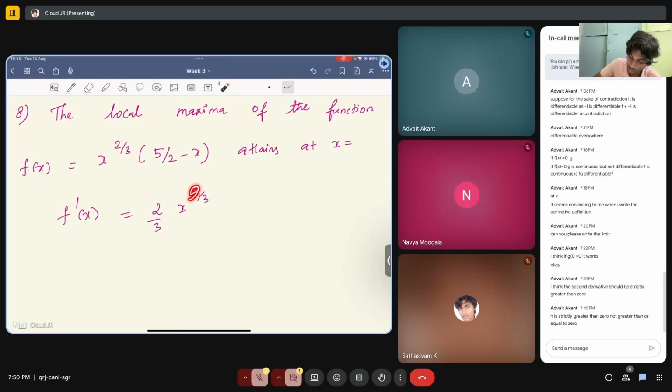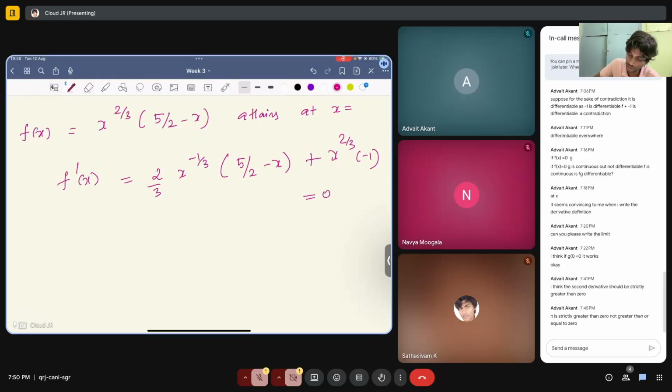So basically it will be 2 by 3 minus 1, which is minus 1 by 3, times 5 by 2 minus x, plus now I keep this term and differentiate this term. This will be x power 2 by 3 minus 1.